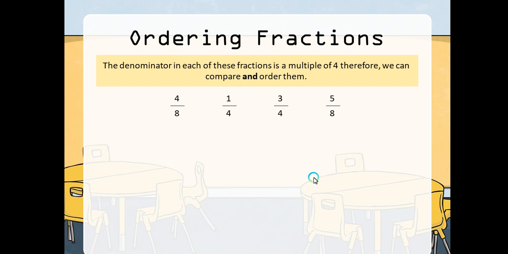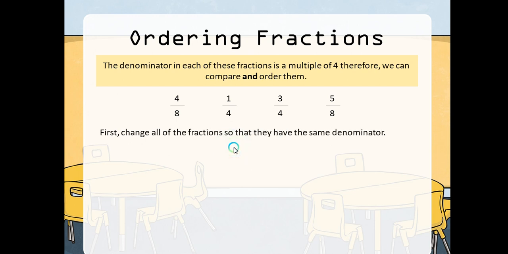All right, now let's look at these numbers. We have 4 over 8, 1 over 4, 3 over 4, 5 over 8. So we need the same denominator. Now we can make 8 to be our denominator.